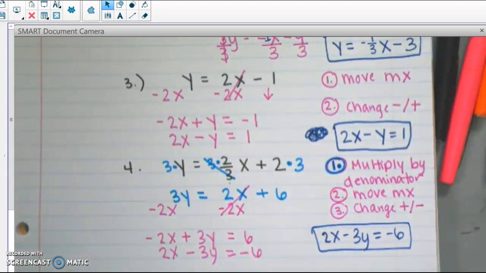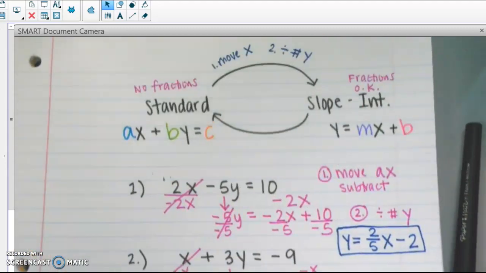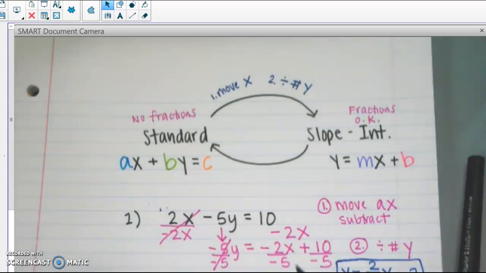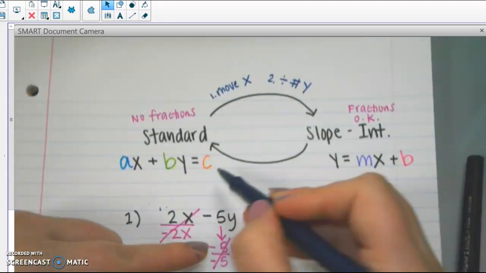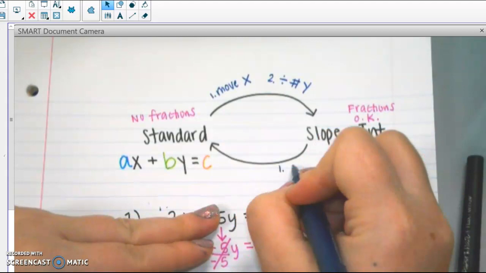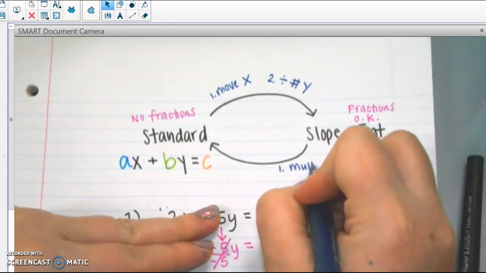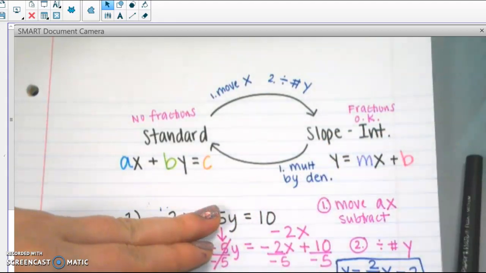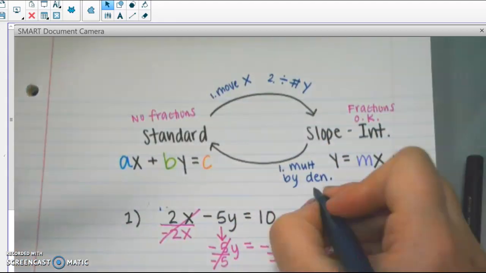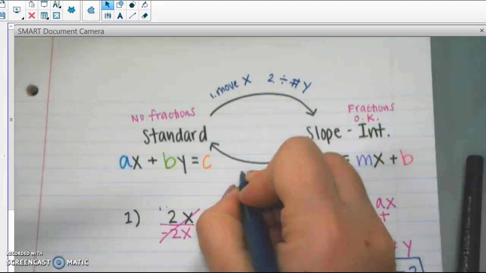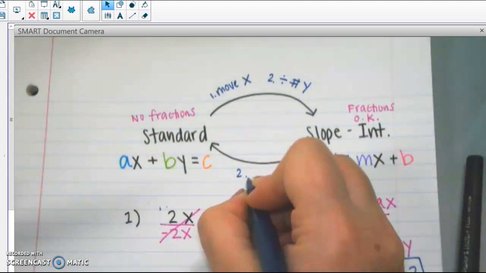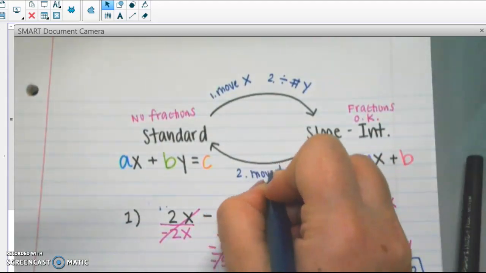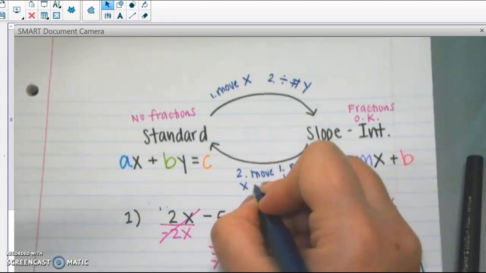All right, so let me go back up to my little flow chart. When we're going from slope-intercept to standard form, 1, we'll have to multiply by the denominator if we have a fraction. 2, move the x term.